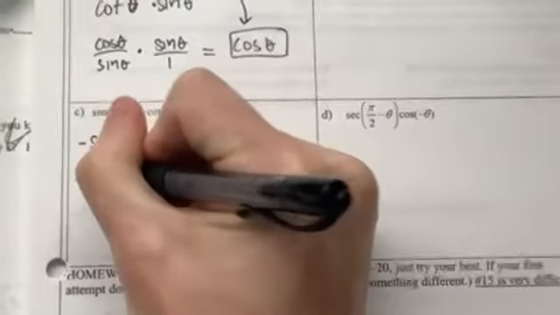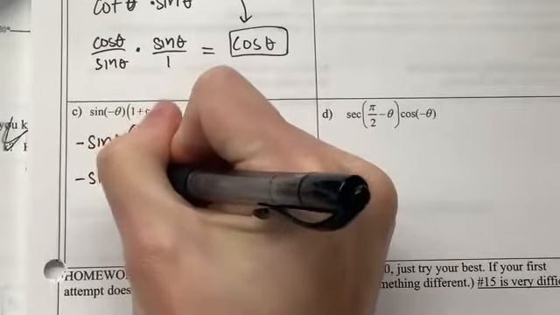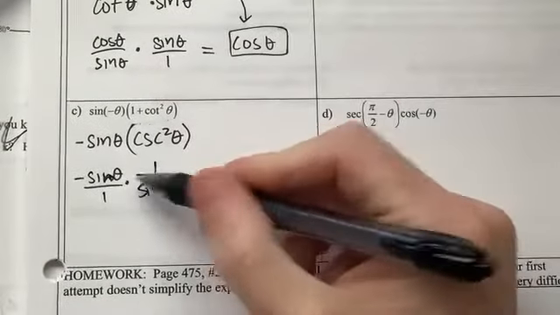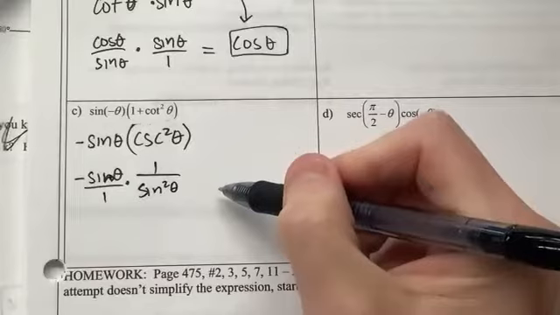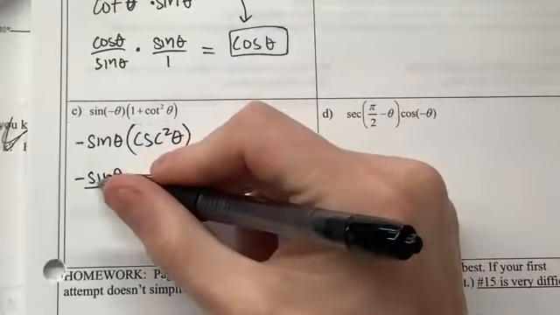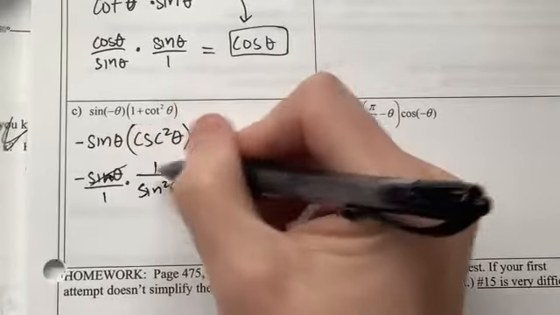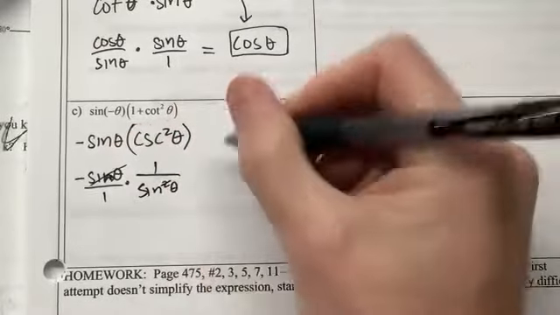And then this is times negative sine over 1, you could say. So that's not the simplest thing to reduce, but sine over sine squared, that's like x over x squared. You could cancel out one of the sines on top. This is like sine times sine. So one of these sines would cancel out with one of these sines and it wouldn't be squared anymore.